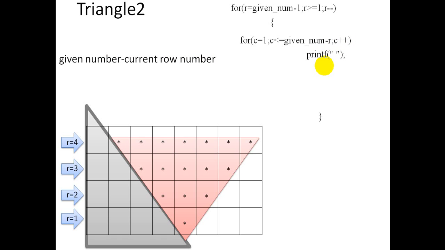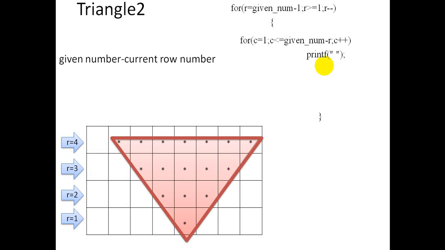So now we are focusing on our stars. The condition for printing stars will be the same as before. So here's the condition: for c is equal to 1, c is less than or equal to r into 2 minus 1, and c++, and inside this loop we are going to print our star.